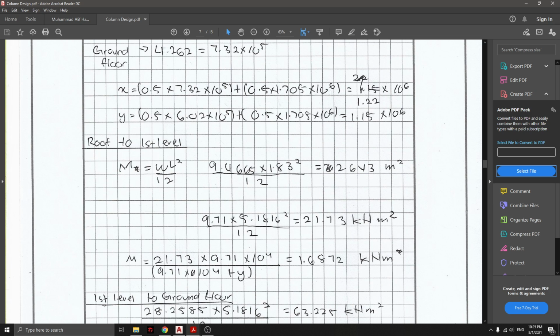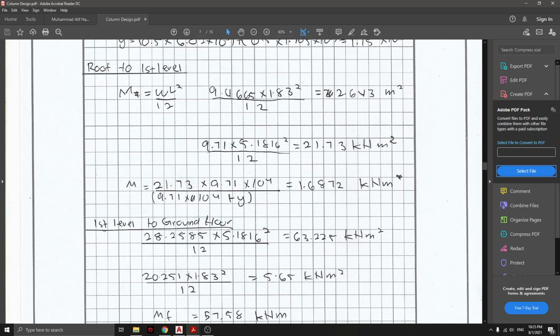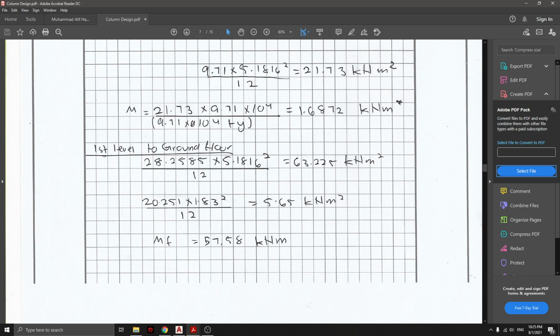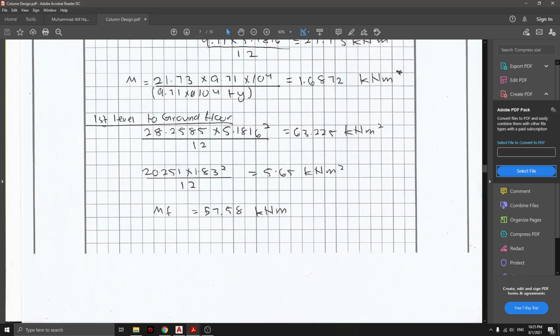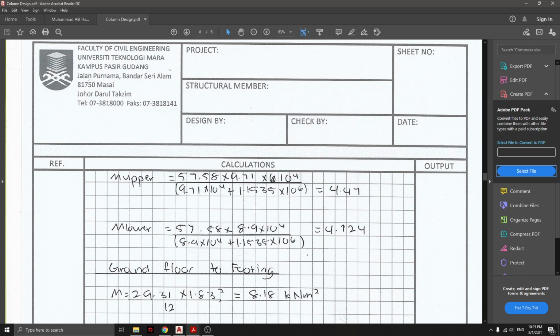And then for first level to ground floor, we got 63.225 minus 5.65, we got 57.58. Then M upper 4.47, M lower 4.124.